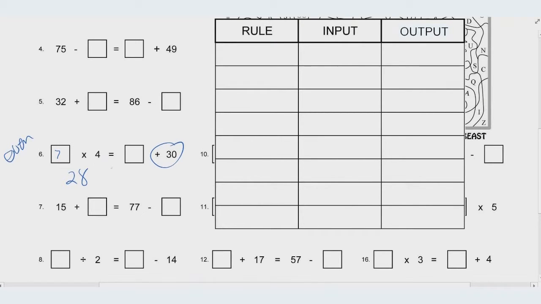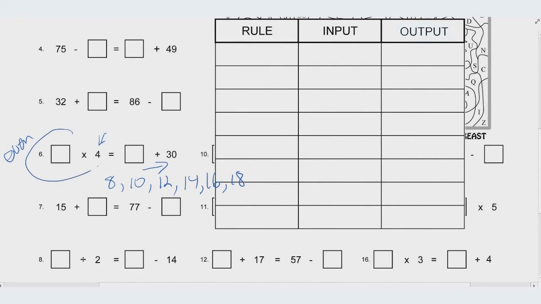So we know it's even, and it has to be bigger than 7, so our choices are 8, 10, 12, 14, 16, 18, and you might be thinking, wait a second, this is crazy. It could go on forever and ever. But think about this for a second. As these numbers get bigger and bigger, you're multiplying by 4.